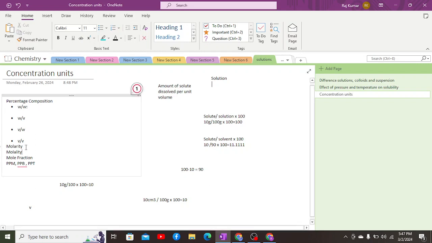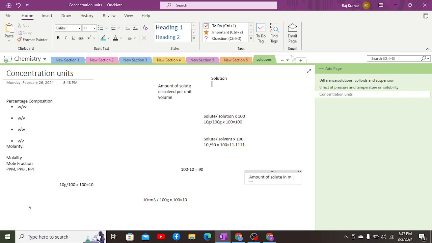Moreover, when it comes to molarity, molarity basically is defined as another concentration unit, in which we are going to consider the amount of solute. We are going to take amount of solute not in grams but in moles, because mole is basically the amount of the substance expressed in grams, even though that is expressed in AMU, but when from the AMU it is converted into grams, that is considered as 1 mole.